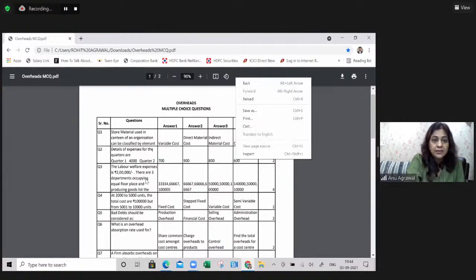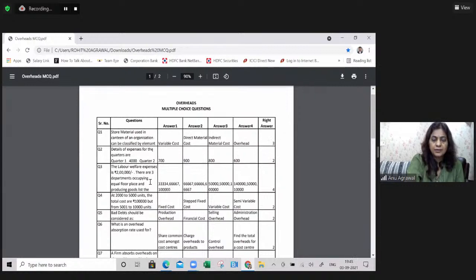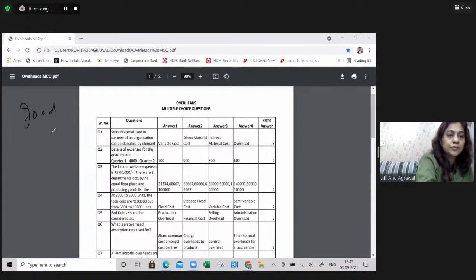There are 3 departments occupying equal floor space and producing goods in the ratio 3:2:1.